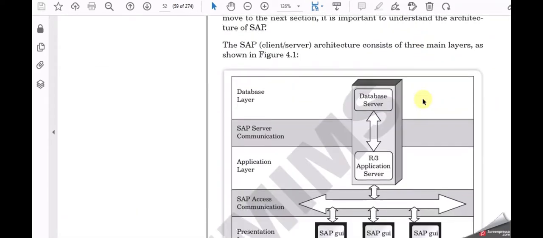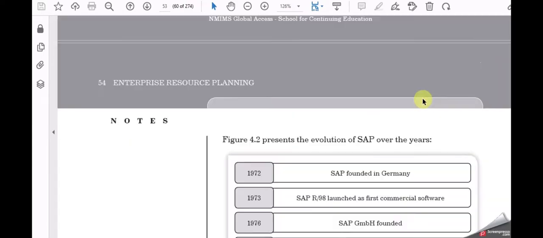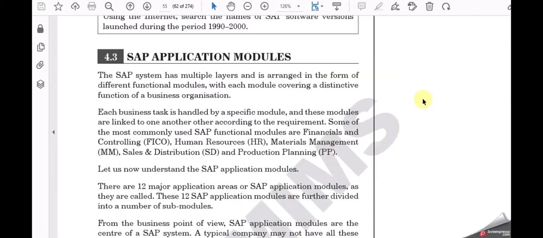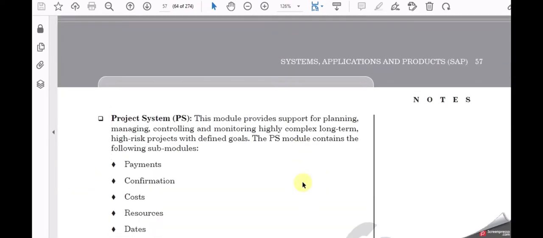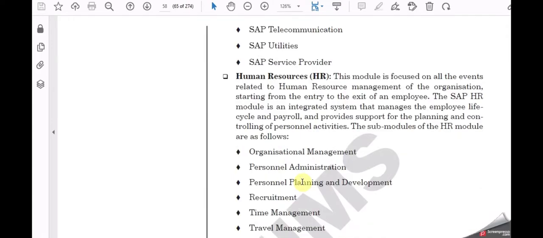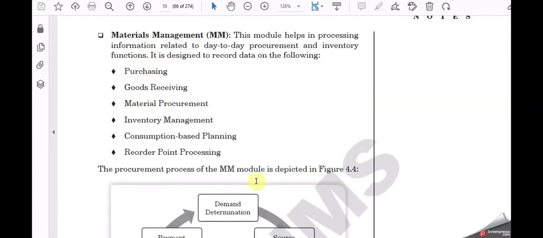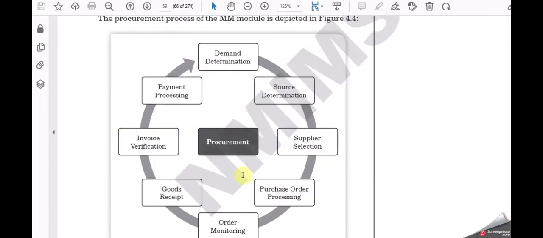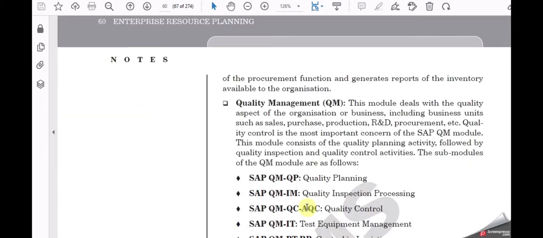If you want, you can take up a few words, and then go straight back to the modules, the application modules. So in this we have human resource, project management. Yeah, this is the materials management module. In this you can create this diagram very easily in Word, using SmartArt, with the help of detailed information there.